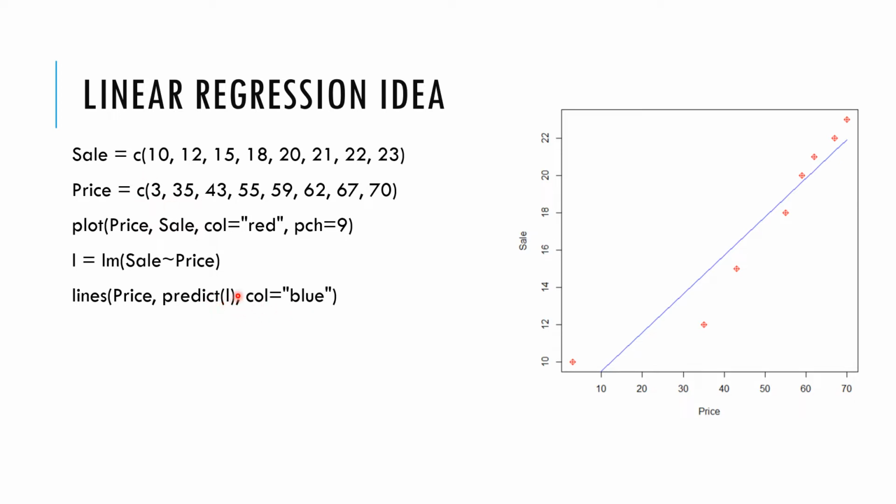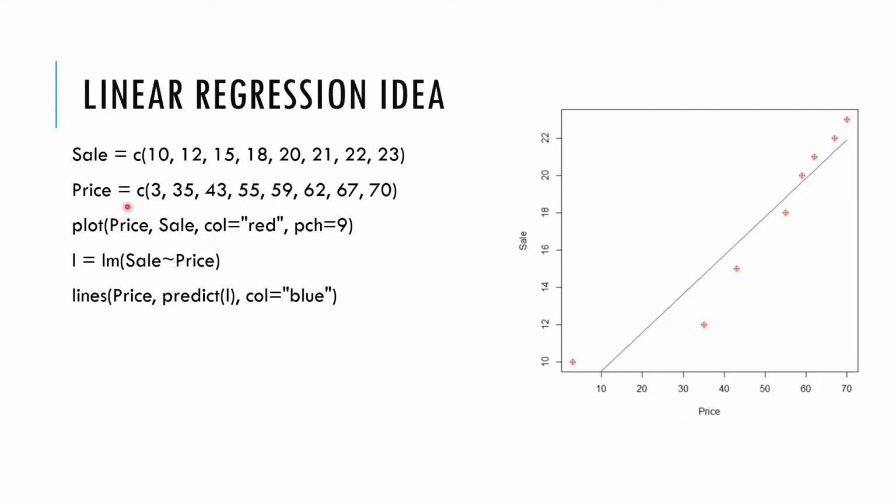When I say x value, I mean the independent variable. So if you provide new data of independent variables, this predict function will predict the unknown values of sale, the dependent variable. So this is what this function does.